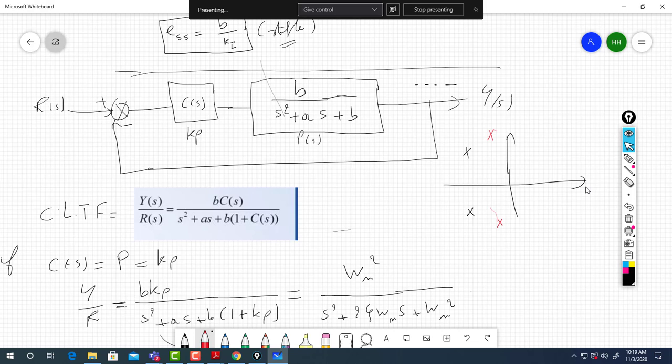We know how the location of poles affects the dynamics of the system.